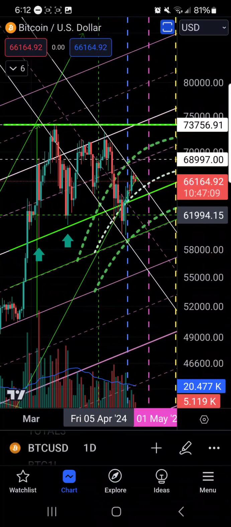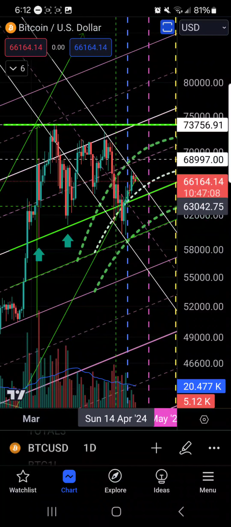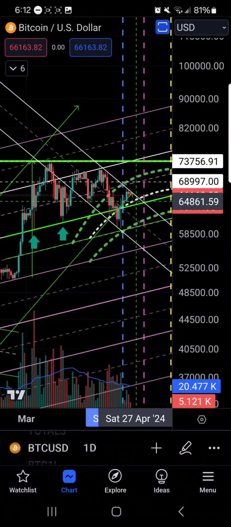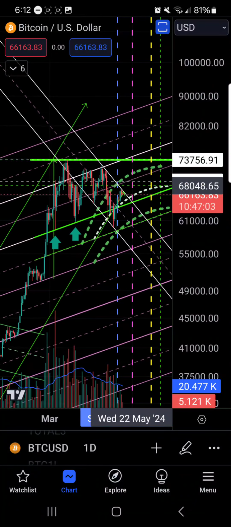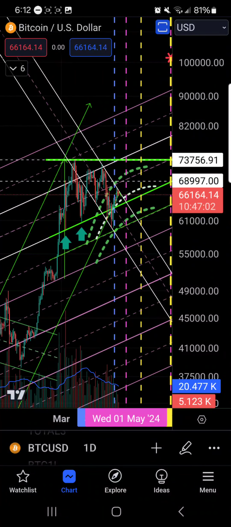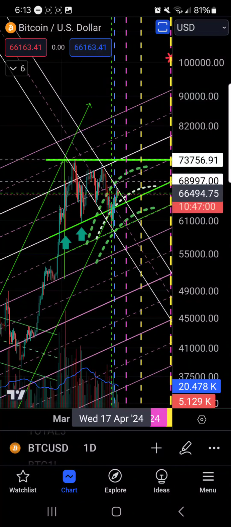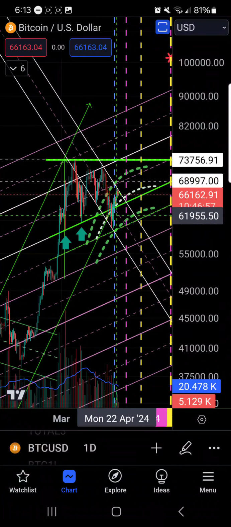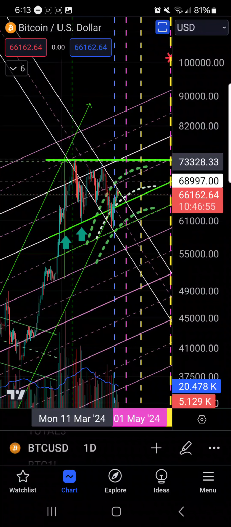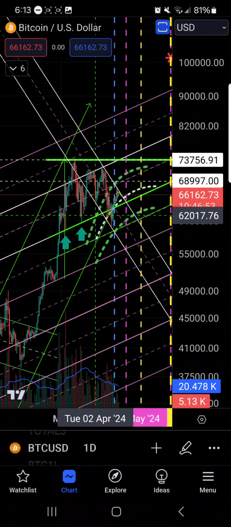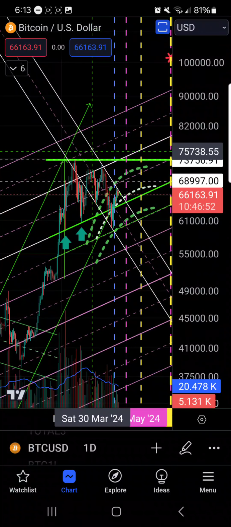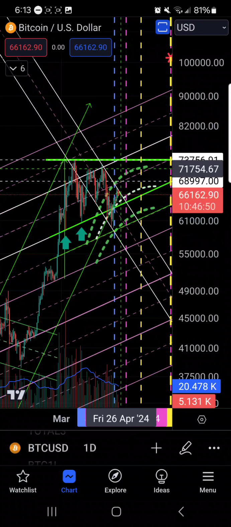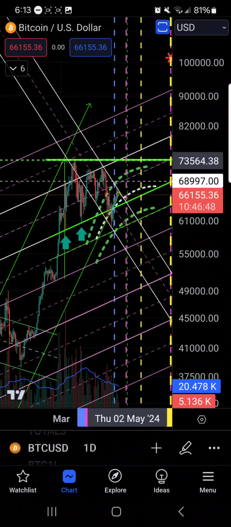It represents the bottom of this larger symmetrical triangle or ascending triangle that we're trading in, and then goes up 1.5 channels from that point up to here. So that's really, really interesting.